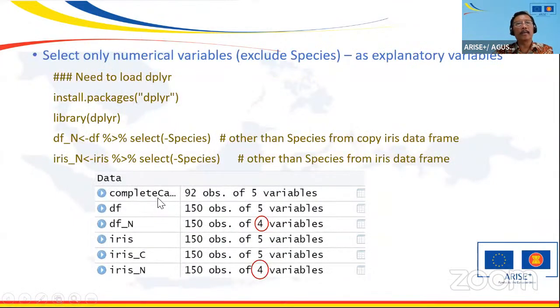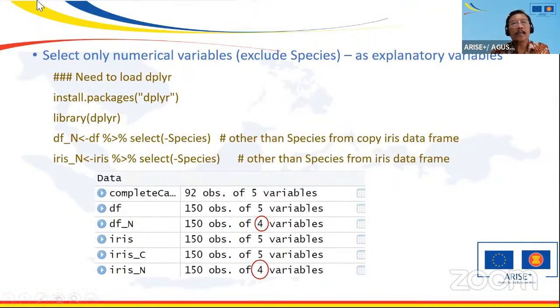Okay, now what I want to show you. Here we can remove variables which are not numerical, because we are going to use them in the imputation. So we don't use the categorical variables, right?